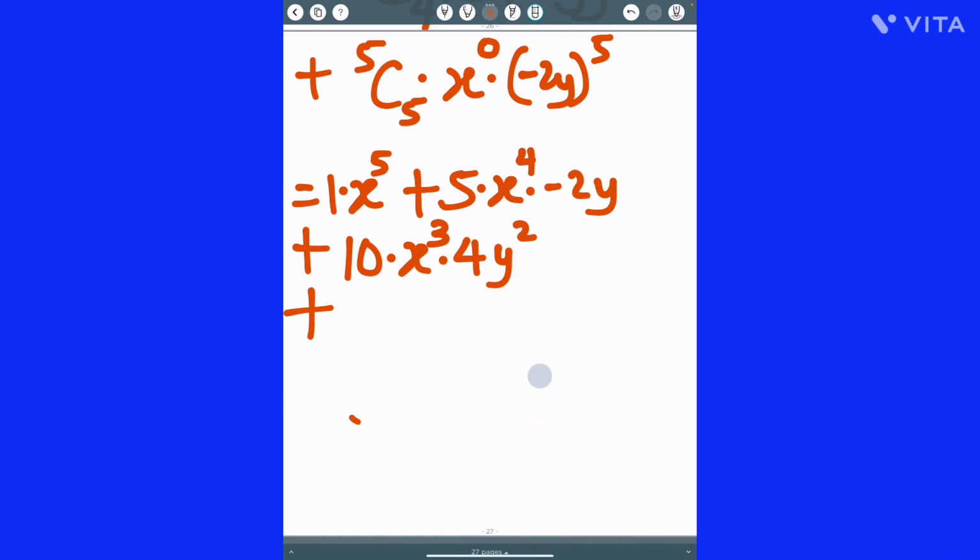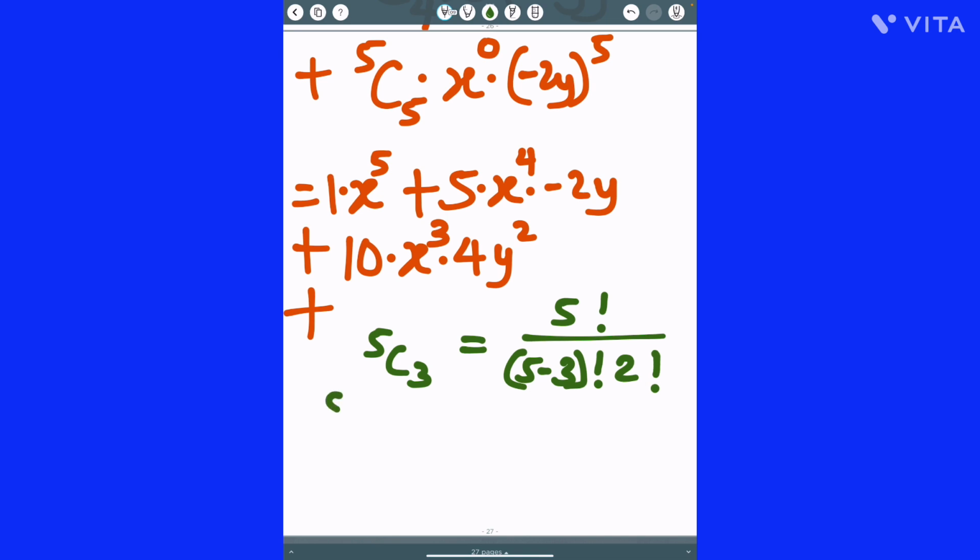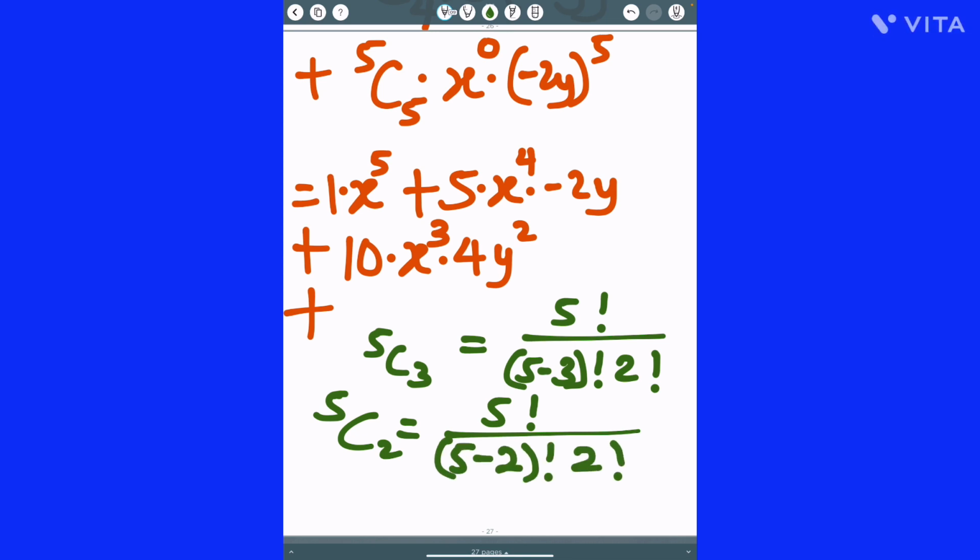Let me simplify so you can see it. 5 combination 3 is 5 factorial over (5 − 3) factorial times 3 factorial. 5 combination 2 is also 5 factorial over (5 − 2) factorial times 2 factorial. So at the end of the day, the denominator will be the same. For this side, I'll get 3 factorial times 2 factorial.